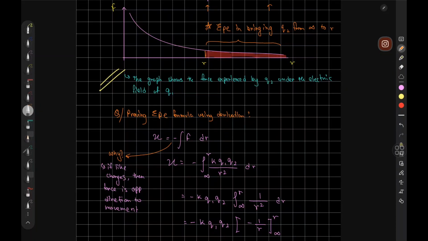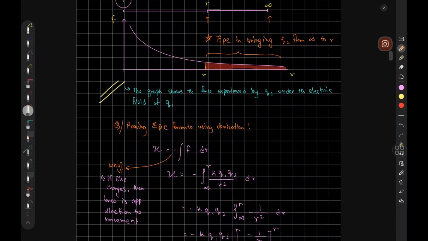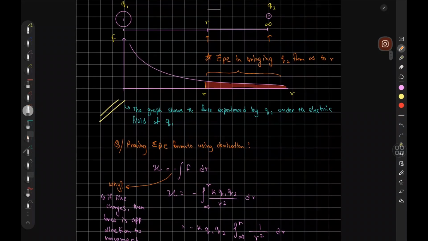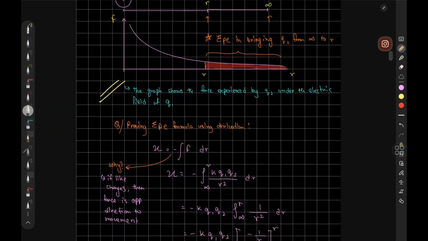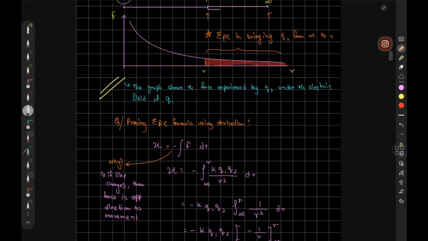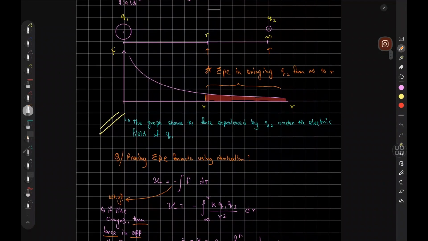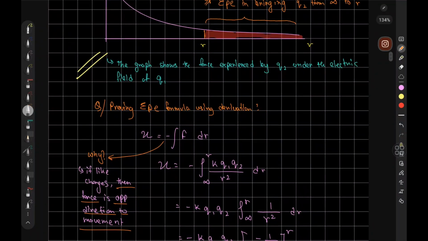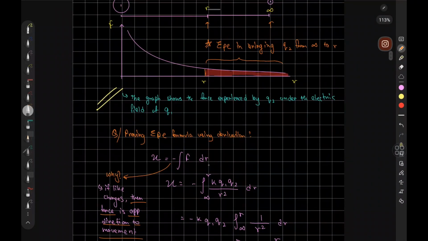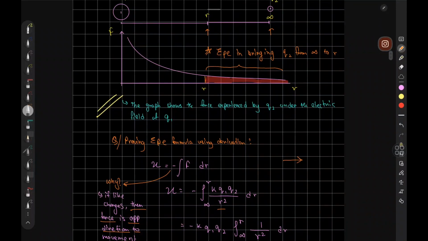So for the negative sign, let's say initially we were talking about like charges, but if you're talking about, let's say, repulsive charges, positive, positive, negative, negative, in case of that, the force, notice, is opposite to the direction of the movement. What does that mean? So let's say for dr, the distance is with respect to, let's say, in this direction, and the force applied is actually in this direction.